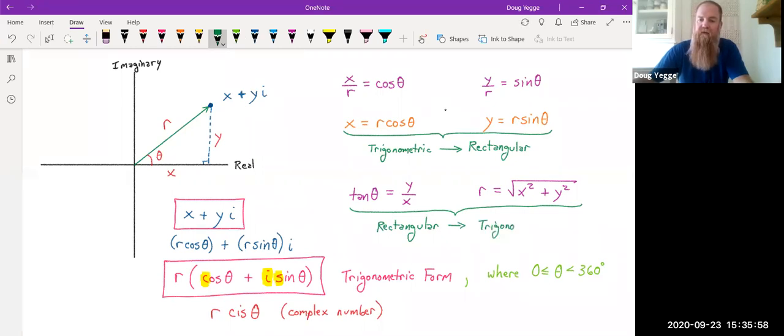Now I keep calling this trigonometric form. I'd also like to share that another word for this is polar form, going along with what we refer to as polar coordinates that we're going to see very soon. Okay, and so let's take a look at how we could start with rectangular form and turn it into polar form.